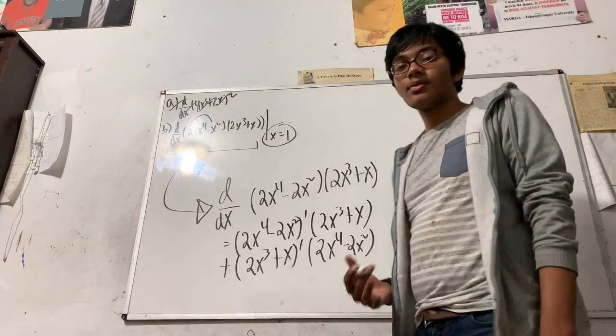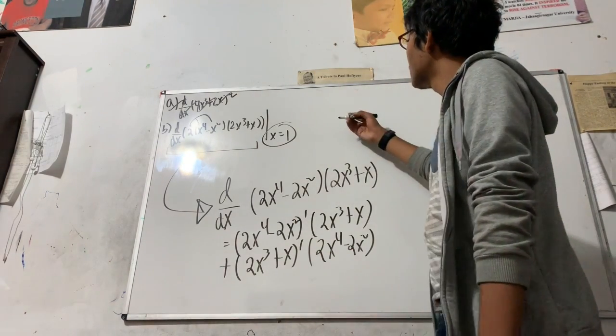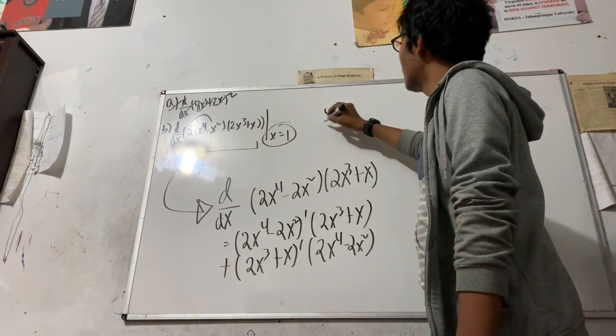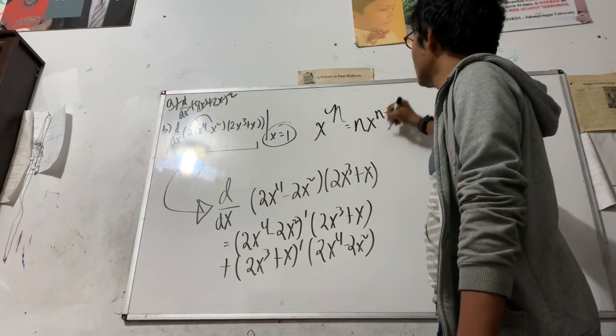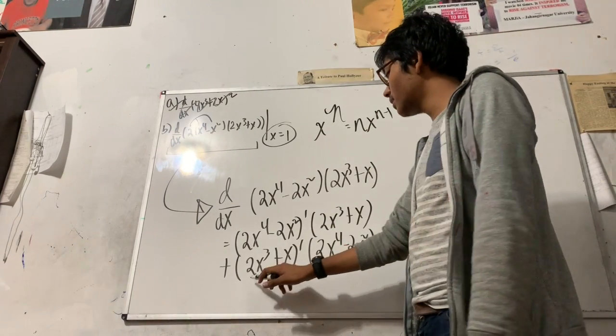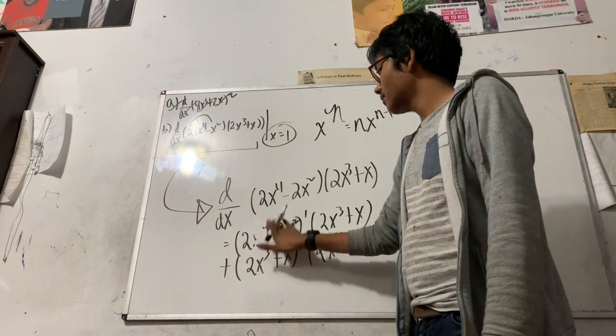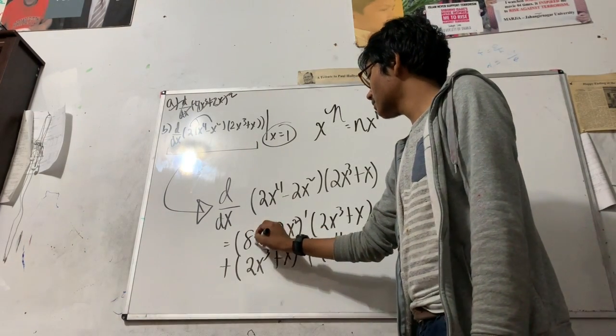So, 2x to the 4th becomes 8x. Remember, the power rule tells us that if we have a function x to the n, its derivative will be nx to the n minus 1. Applying that rule here, we get 8x to the third power. So 8x cubed.